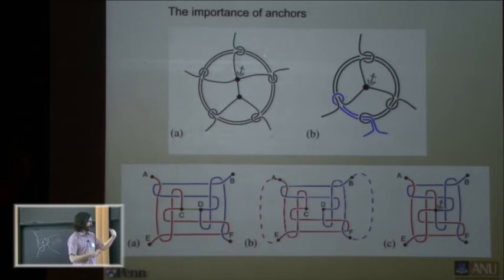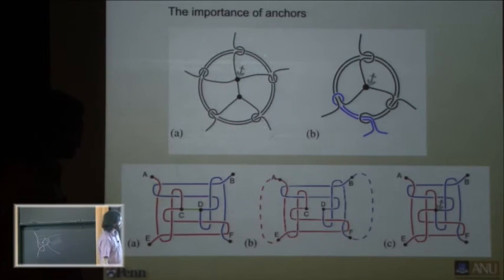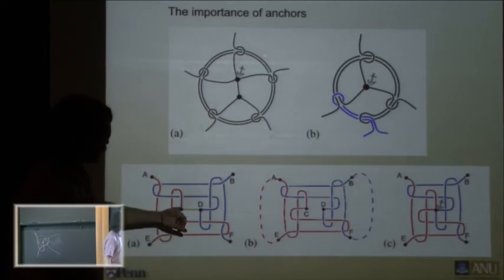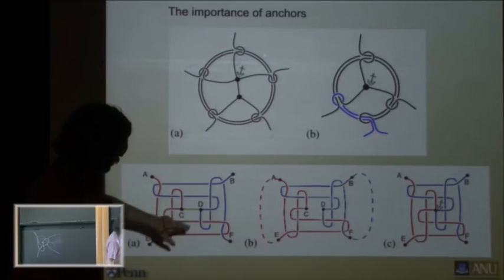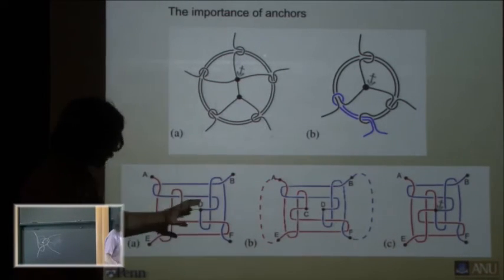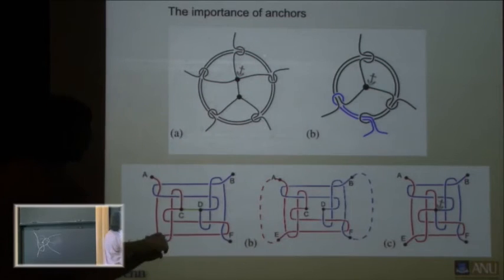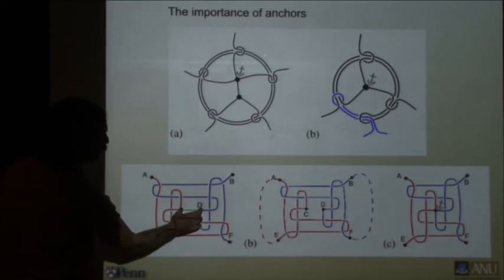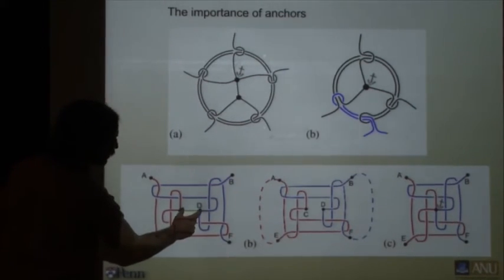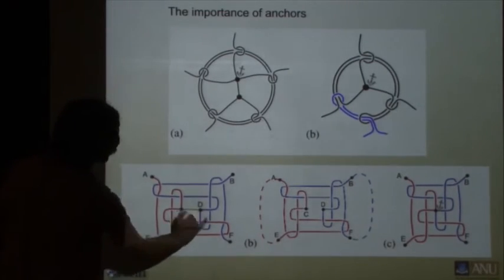So here's a visual guide to their importance. This is the same old motif, but here I've taken a 4-valent vertex and split it into 2 3-valent vertices, joined by this little green line.